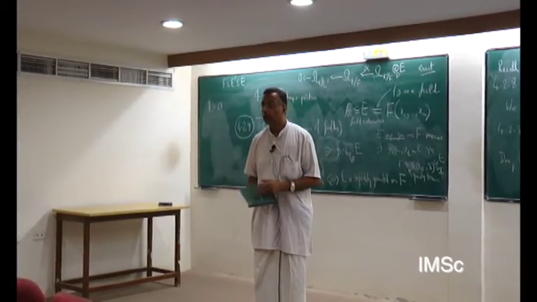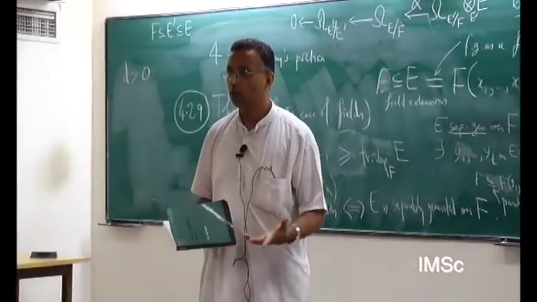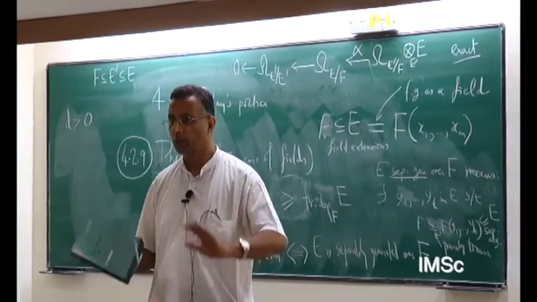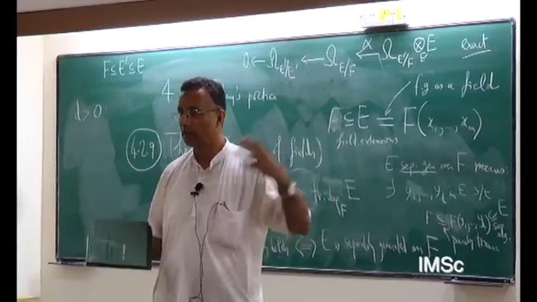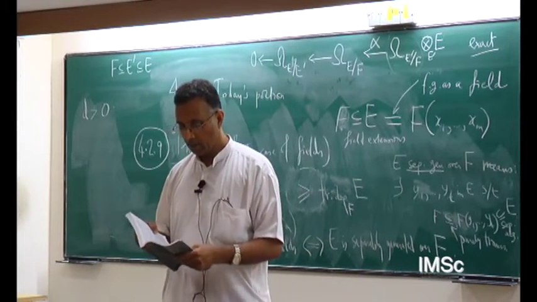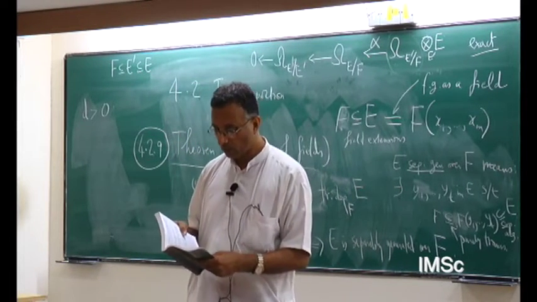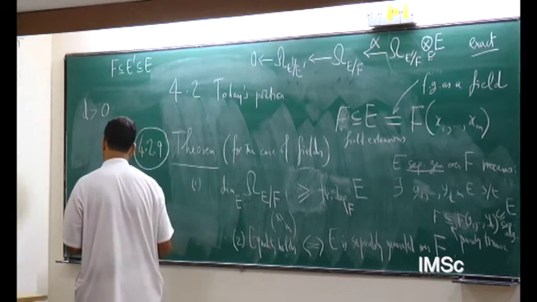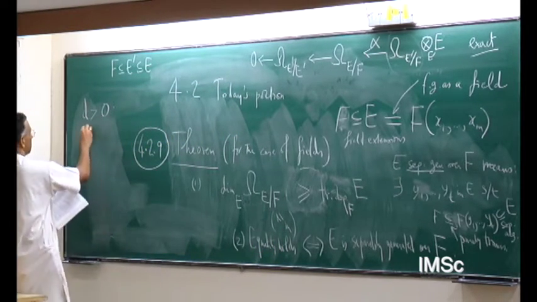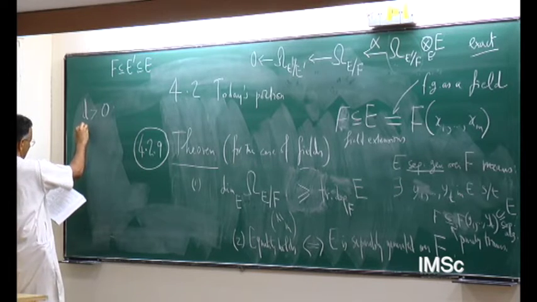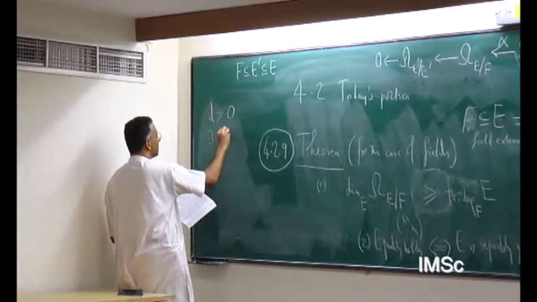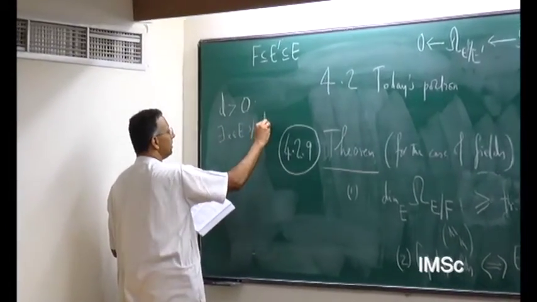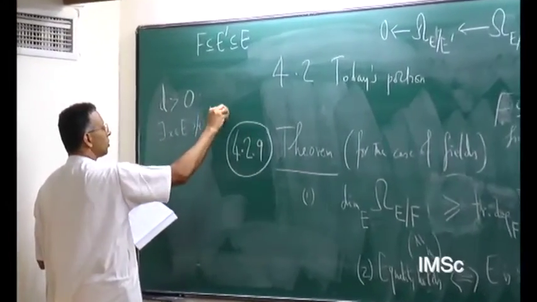Okay, assume that 1 and 2 are known for smaller values. I can do that because for d equal to 0 I've done both. Okay, the assumption is the whole bunch is pushed under the induction. By what we have already proved, there exists x in E such that d E of f x is non-zero.